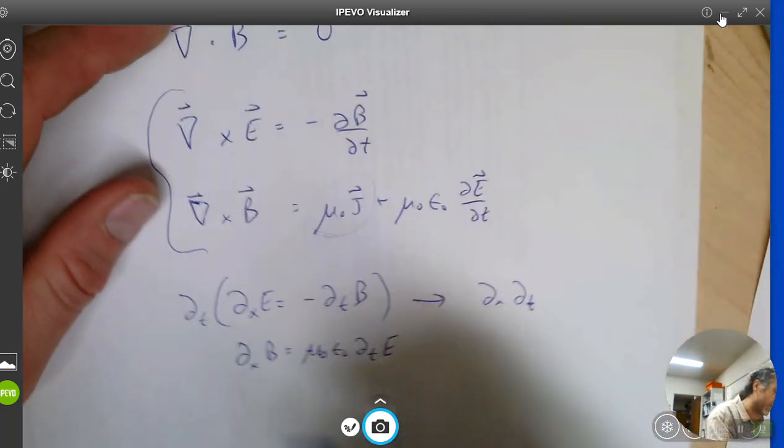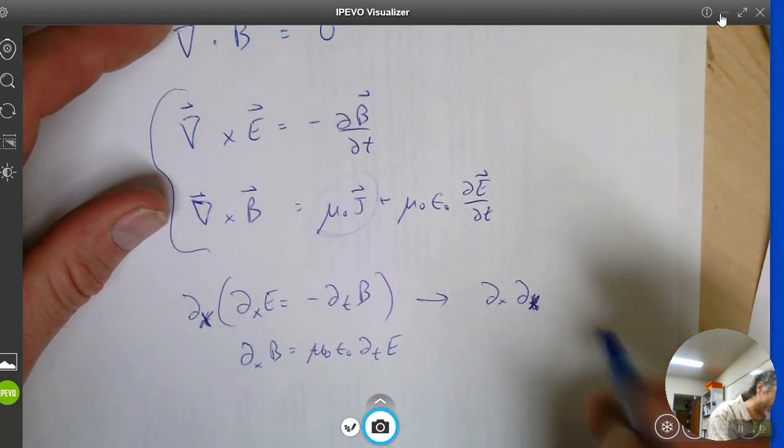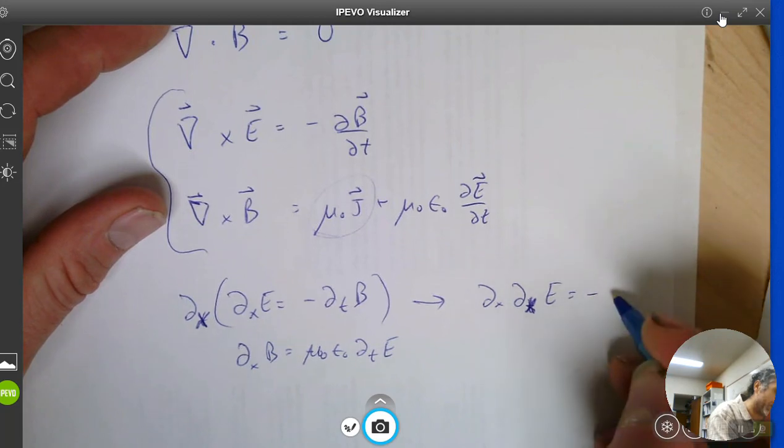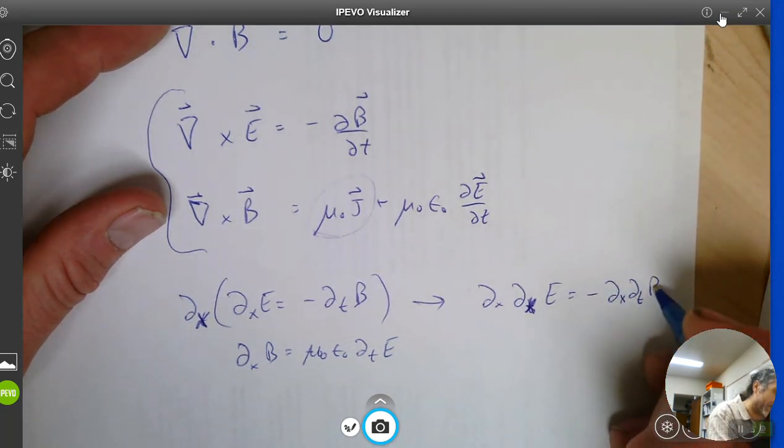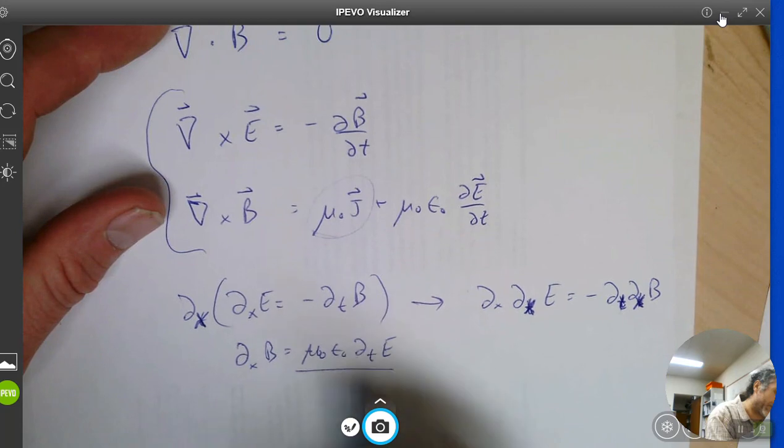Let me do it a slightly different way. I want to do d by dx here. So d by dx of d by dx of E equal to minus d by dx of d by dt of B. But I can flip these here, so I'll do d by dt of d by dx of B, and I can fill in for this one here.